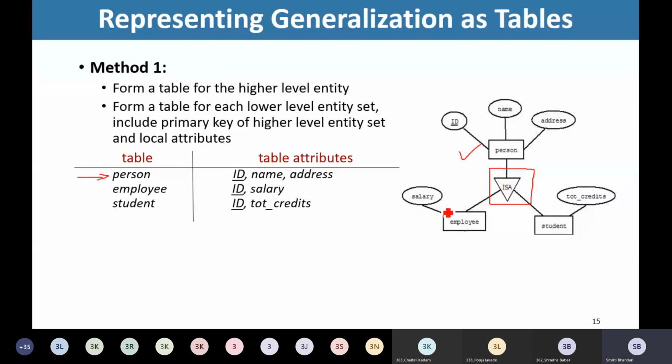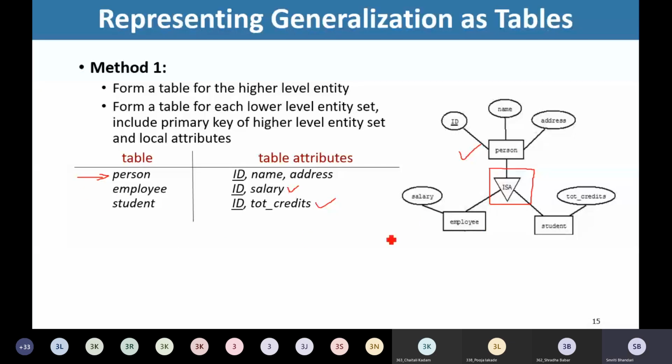See, if I'm having separate attributes for these lower level entity sets, no doubt I need to include those attributes. But in addition, I need to add the primary key of the higher level entity set into the table associated with the lower level entity set.